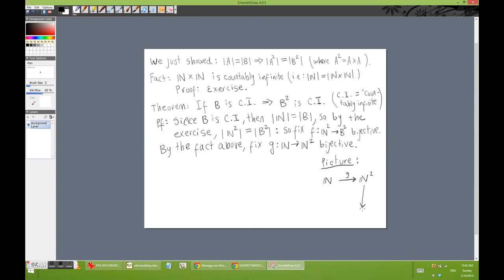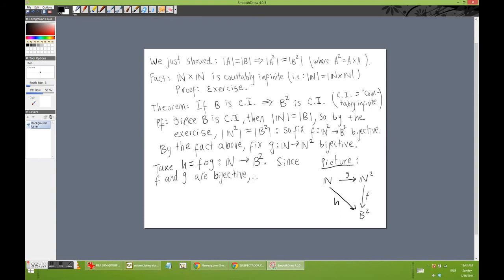So far we have the following picture. It's a diagram between three sets: N, N squared, and B squared. And so far we have two bijections. We're going to take the composition of these two bijections, which is f composed with g, from N to B squared. And it's easy to see that composition of one-to-one is one-to-one.